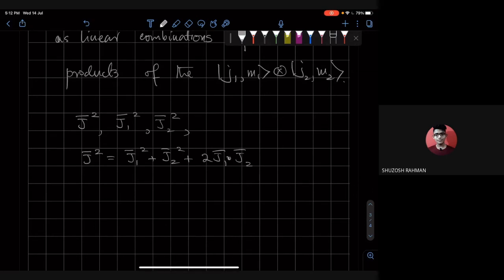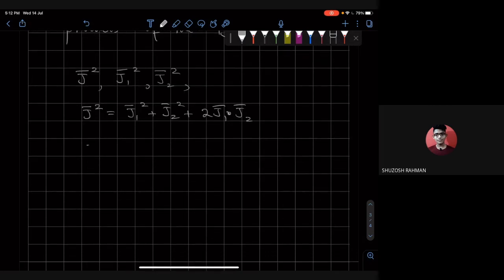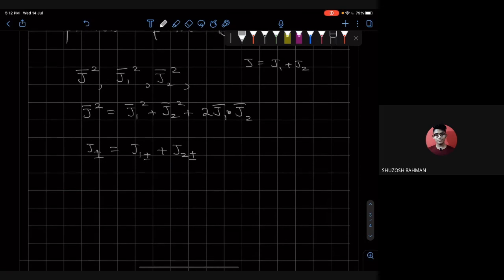Now, we also have the raising and lowering operators. So J plus minus would be given by J1 plus minus plus J2 plus minus, because J is given by J1 plus J2, and therefore if I construct J plus minus, this follows very easily.